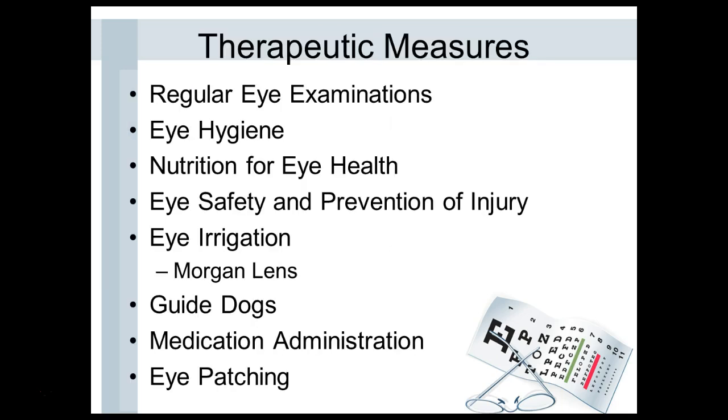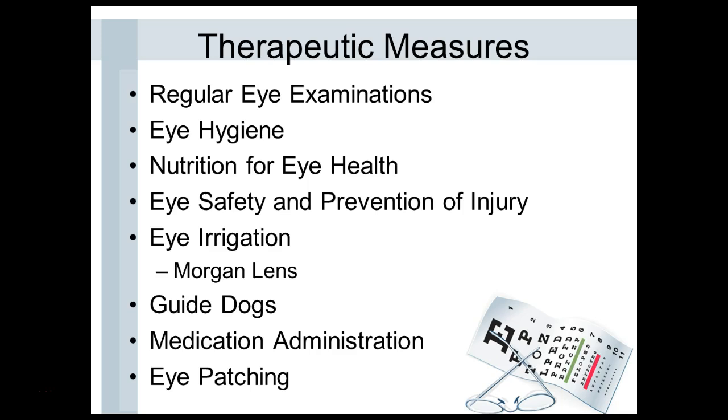Therapeutic measures. You want to encourage your patients to have regular eye exams. Good eye hygiene. Washing them, not touching their eyes with dirty hands. Nutrition for eye health. There are some things that can be prevented, of course, like night blindness with proper nutrition, and macular degeneration can be decreased with proper diet.